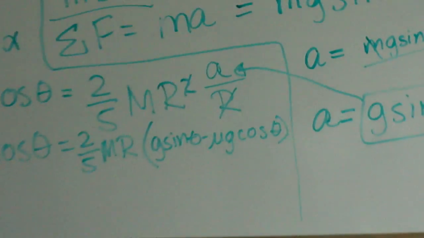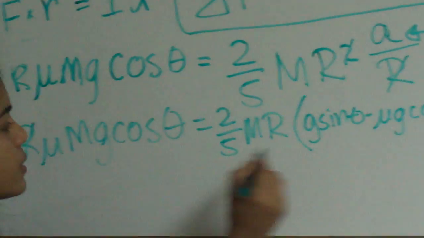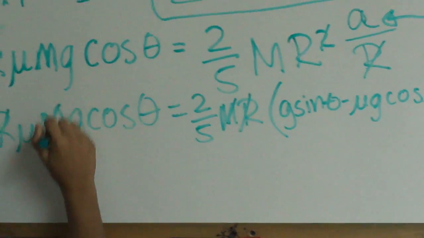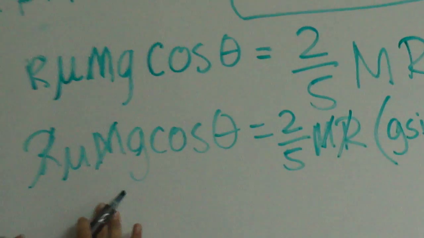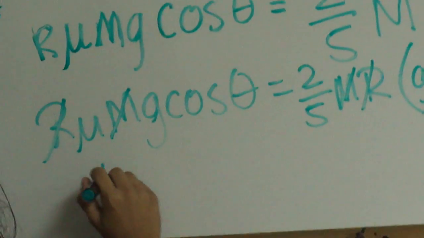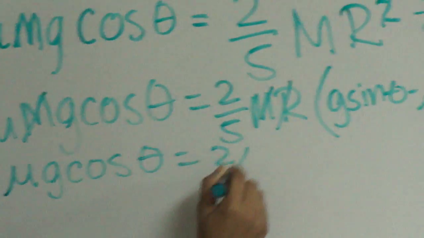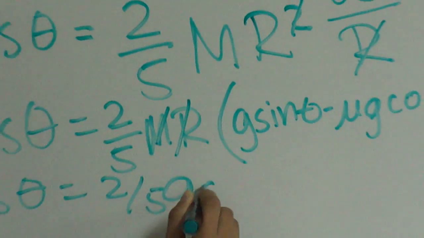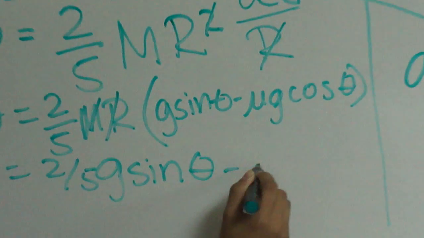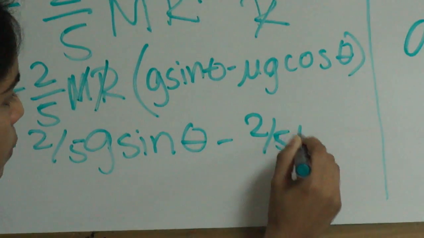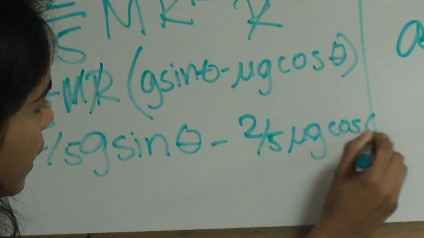We can cancel out a lot of stuff here. This r goes out with this r, this mass goes out with this mass. We're left with mu g cosine theta equals 2/5 g sine theta minus 2/5 mu g cosine theta.